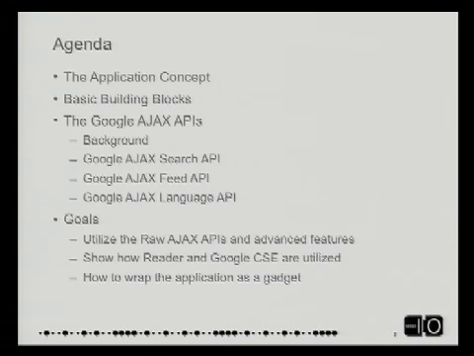We'll obviously dive into the AJAX APIs, both the background. Hopefully people in this room have a little bit of a sense of what they are, but we'll touch on the search and feed and language APIs. We use all three in this application concept, and we actually use some advanced features of all three also.